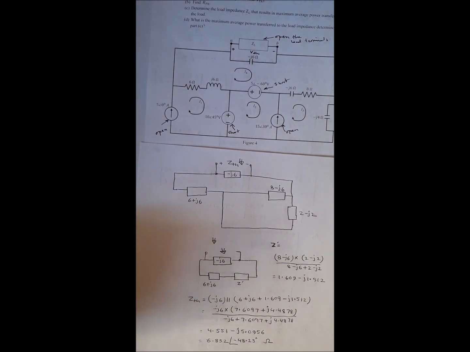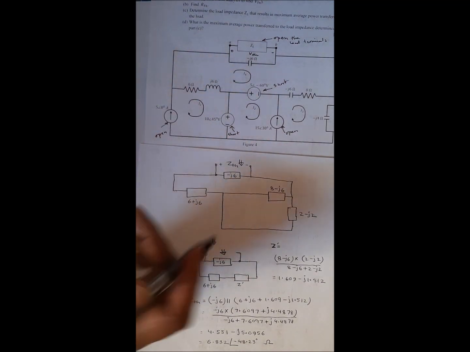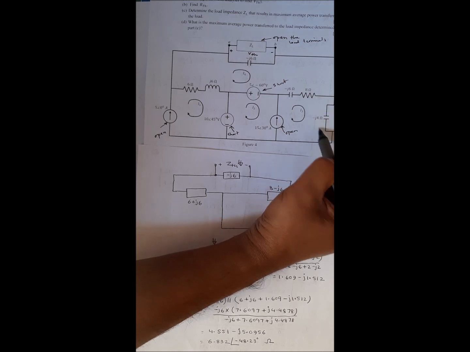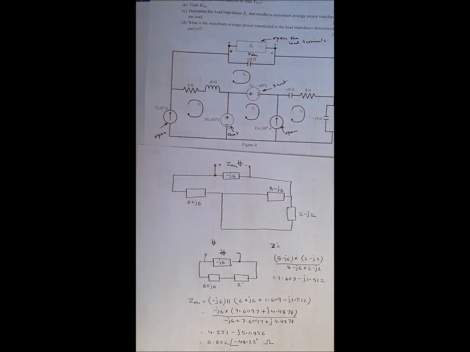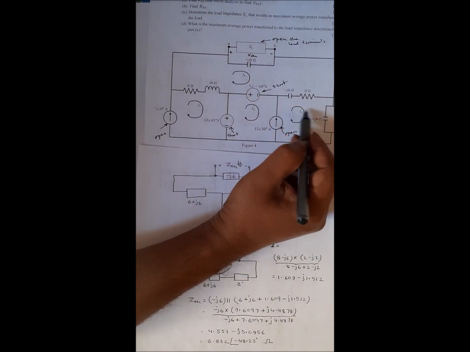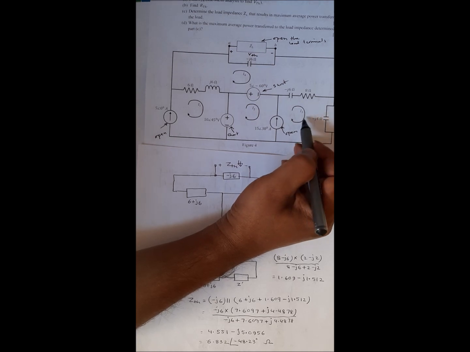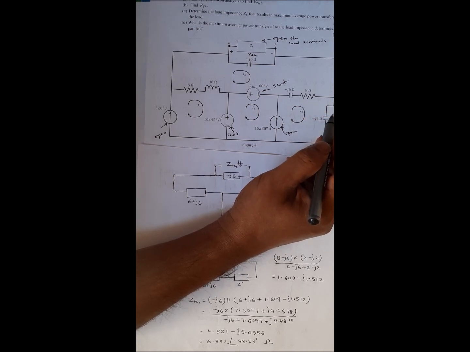I should mention earlier that these two branches 4 and J4, we combine to make the equivalent impedance over here. So instead of doing a mesh equation, a mesh current for this and this, instead of taking them as a separate branch or separate mesh, we should combine these two and replace this with an equivalent impedance.